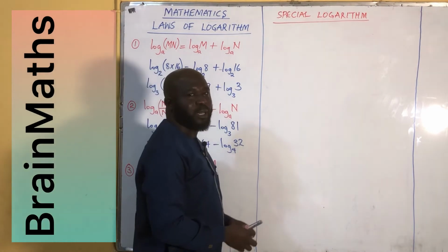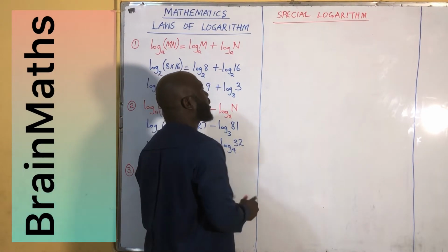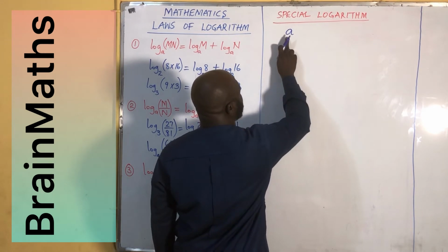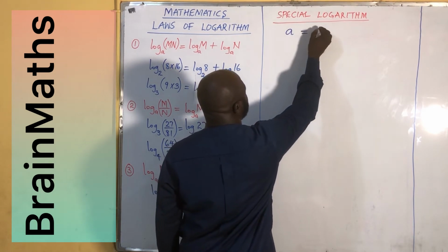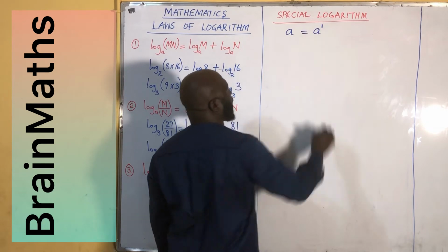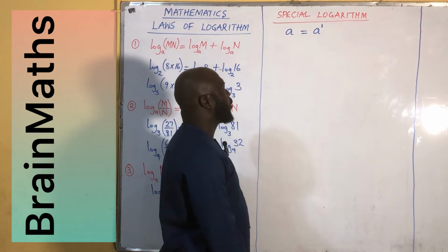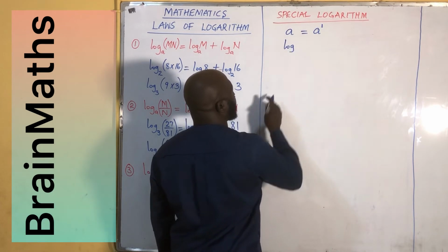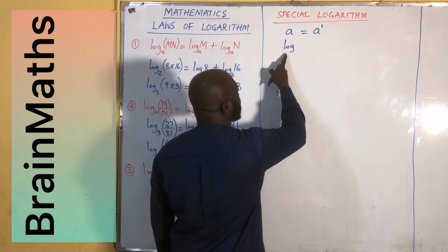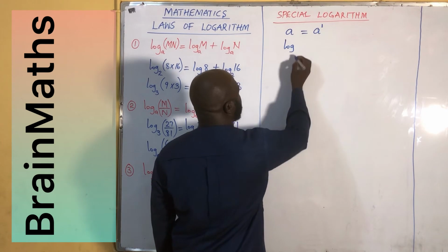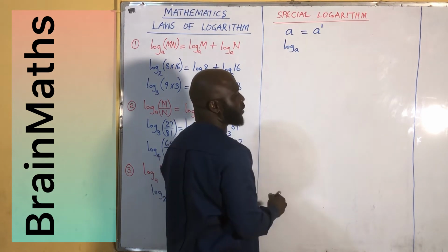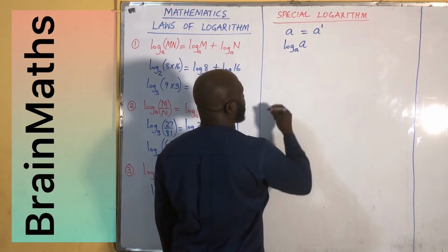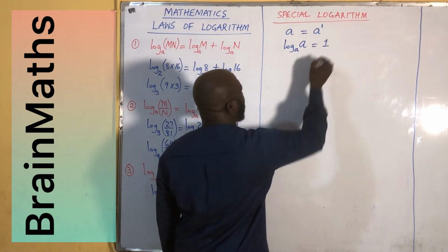Don't forget from our previous lessons that we said whenever we have a whole number that is equal to another number having a power of 1, the logarithm of this will be the logarithm to the base of the answer given to us of a, which is the whole number, equals to 1.